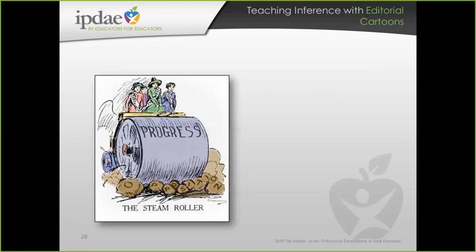But from those types of cartoons, we can move to editorial cartoons, which there are still on the GED test. So Susan's my history major, so she can infer a lot of things from this cartoon. But before I let her infer, what I see is I see women, and I see they have sashes, and it looks like they have long skirts.